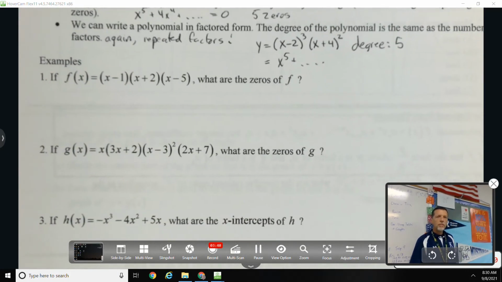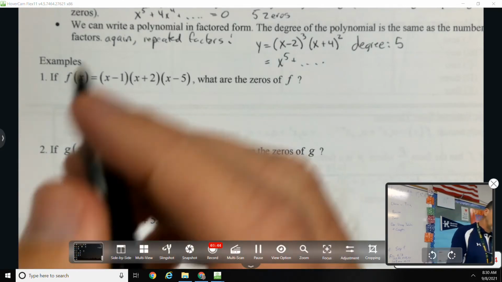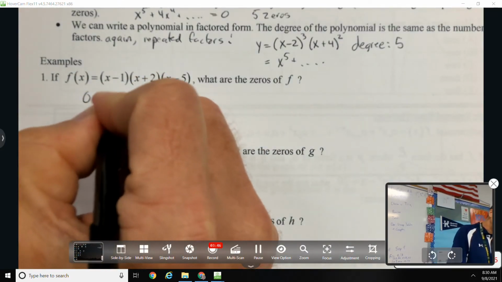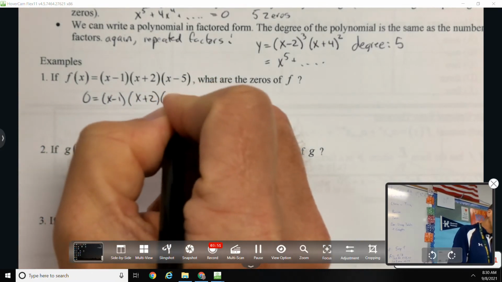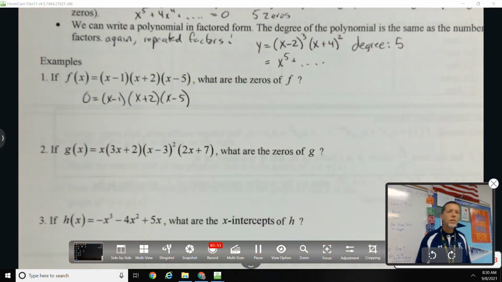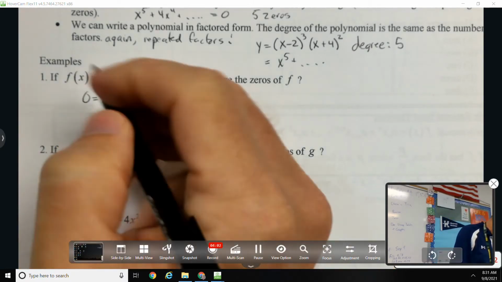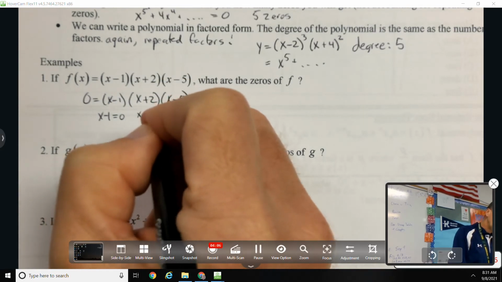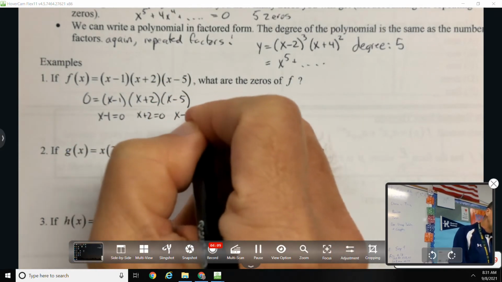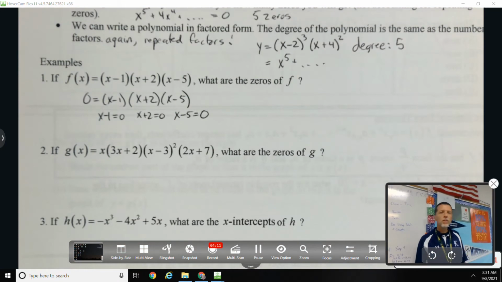Number 1, if f of x equals factored form, what are the zeros of f? Well, we've done this before, so we set it equal to 0. I'm going to go super slow, show all my work on this one, then we'll speed it up. So we set it equal to 0 because that will tell me the zeros. That was easy. And then you set each one of them equal to 0. This is the step that almost none of you show, which is fine because you've done it 100 times and you don't need to show it, usually.